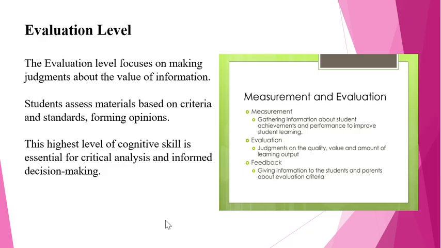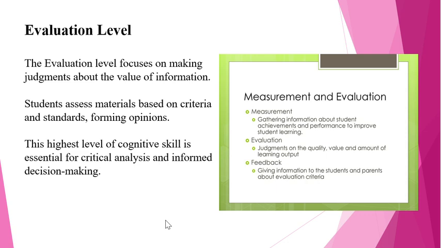Measurement includes gathering information about the student's achievement and overall performance to improve student learning. Measurement could be of IQ or EQ level or other behavior measurement or any other standard that will enhance overall student learning. Evaluation is somehow different from measurement.